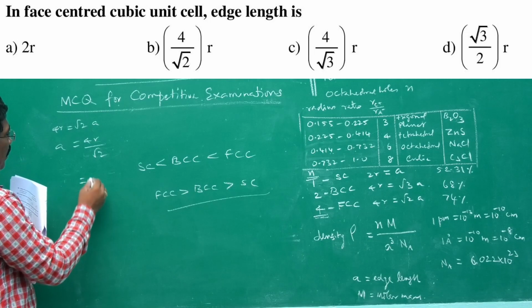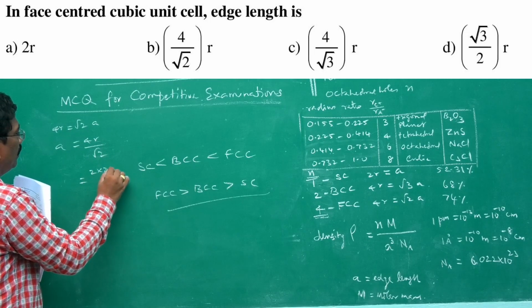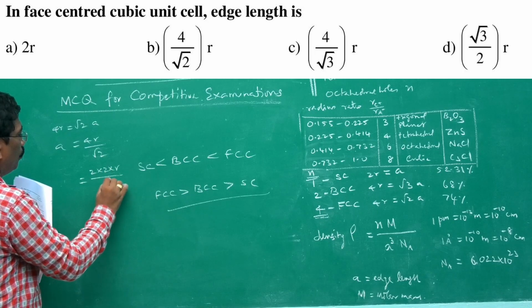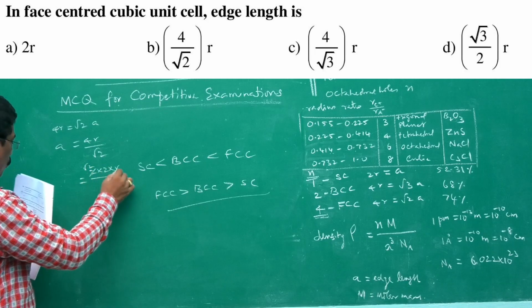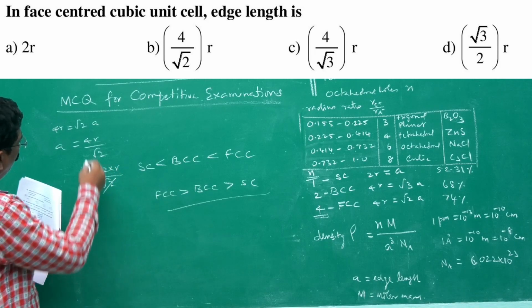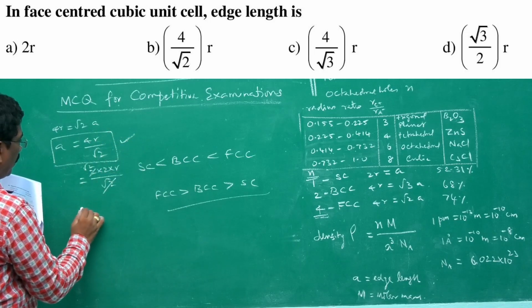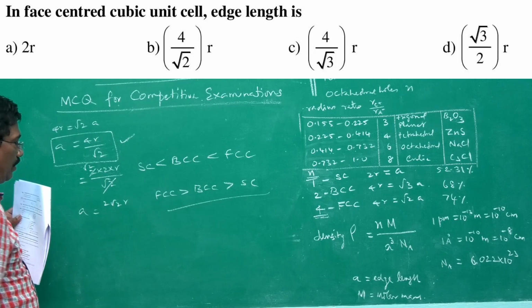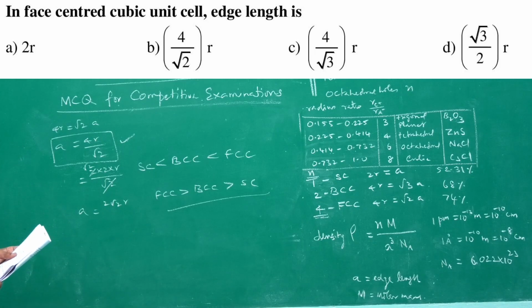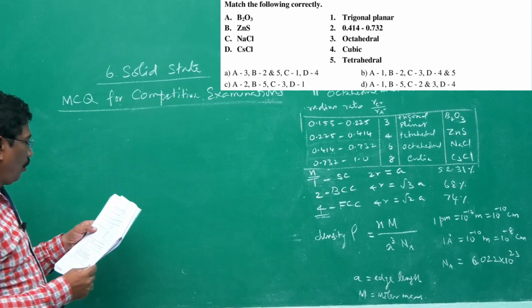If I simplify, it can be 2 into r divided by root 2. If I cancel, it may become root 2 root 2 r, or 4 by root 2 r, all are correct. Actually, this is what is given. It can also be simplified like this, 2 root 2 r. All right. So option B.